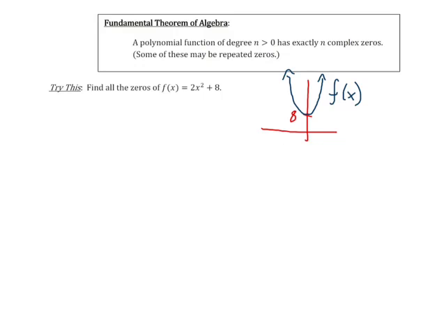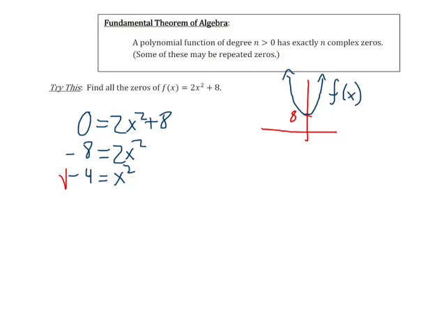Well, by definition of a zero, what has to be true here is 0 equals 2x squared plus 8. Let's go ahead and solve this. If we subtract 8 from both sides, we get negative 8 equals 2x squared. Divide by 2, and we have negative 4 equals x squared. Next, we're going to square root both sides.